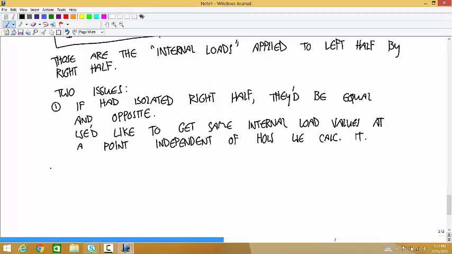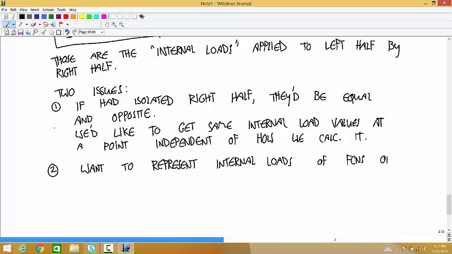So the next thing we want to do is represent these internal loads as functions of x so that we can give an expression for the internal loads at any point, or at every point.